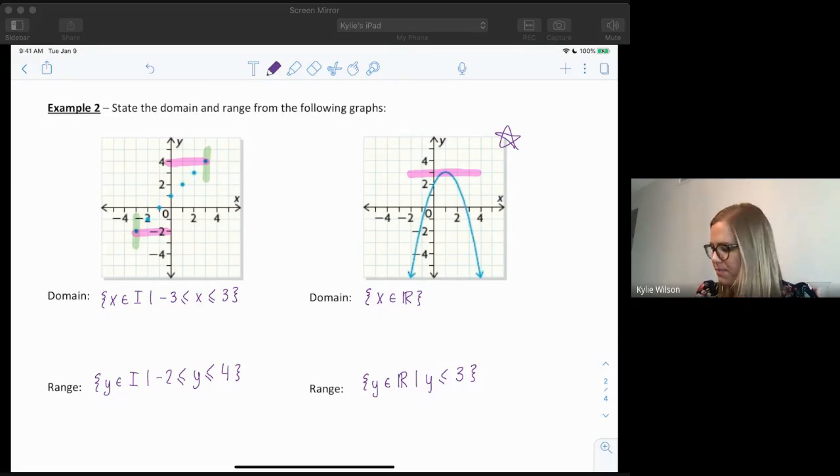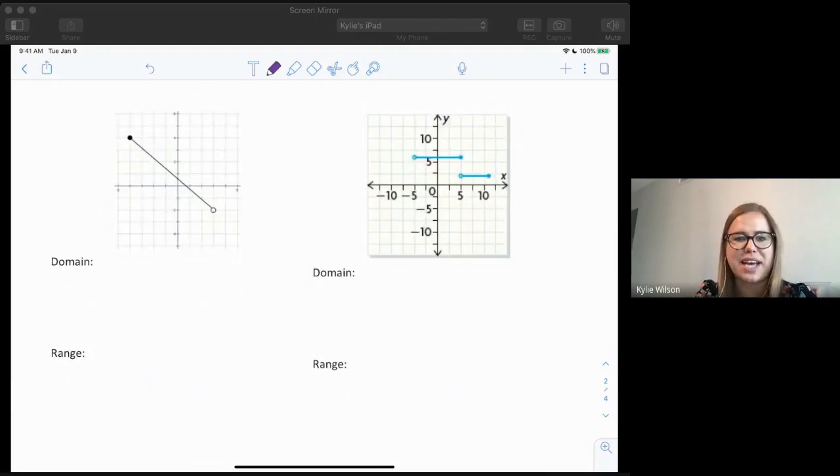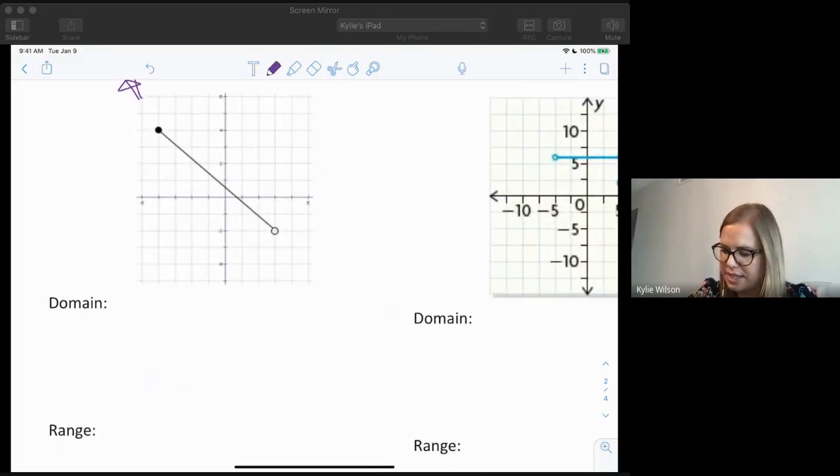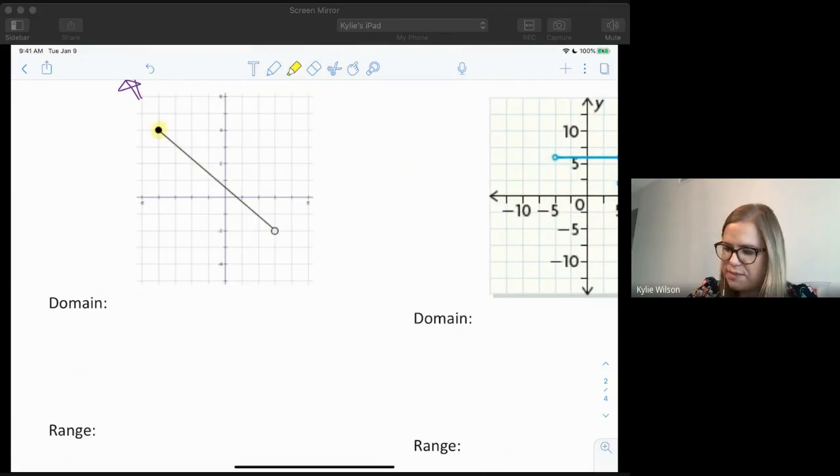Okay, amazing. All right, let's do another example. These ones have something a little different to them. If I look at this example here now, we have a line, but we have kind of a funny dot here. When I have a solid dot like this one here, this solid dot means that that point is included.